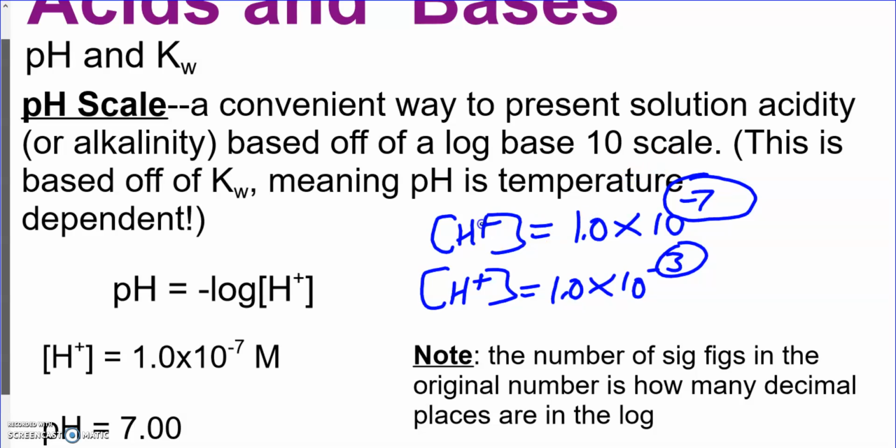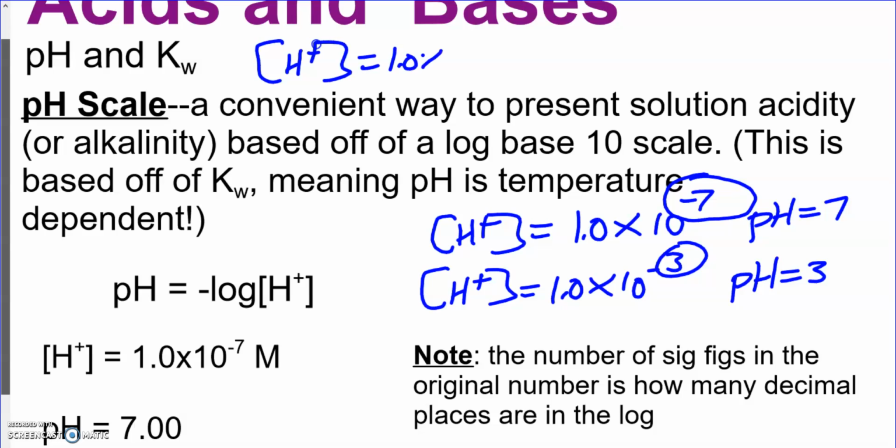Pretty easy. In a neutral solution, since our hydrogen ion concentration is 1 times 10 to the negative 7th, our pH is equal to 7, or what we consider neutral at 25 degrees Celsius versus our pH of 3. Now, with that in mind, if I was to calculate hydroxide using my Kw expression, Kw equals 1 times 10 to the negative 14th, times hydrogen times hydroxide, hydroxide also equals 1 times 10 to the negative 7th.